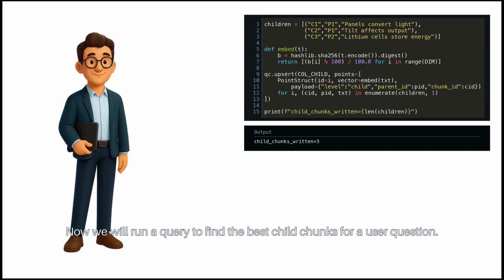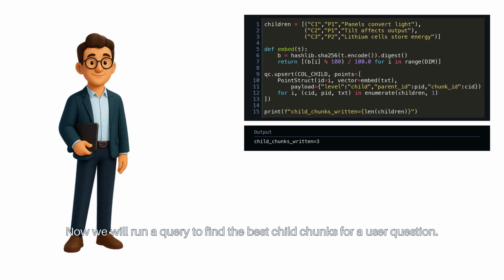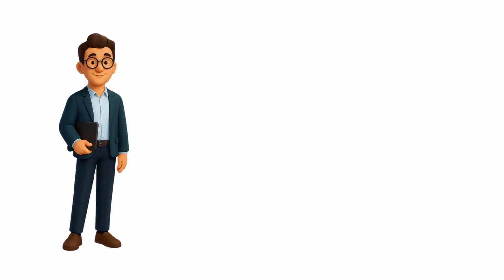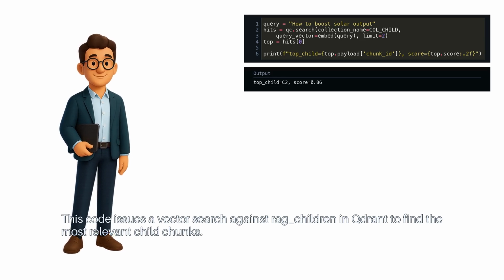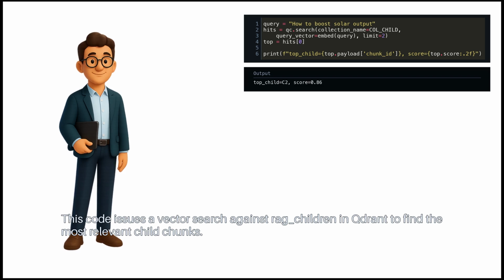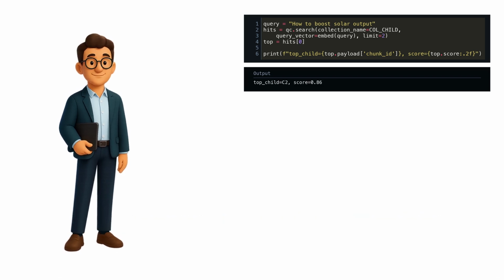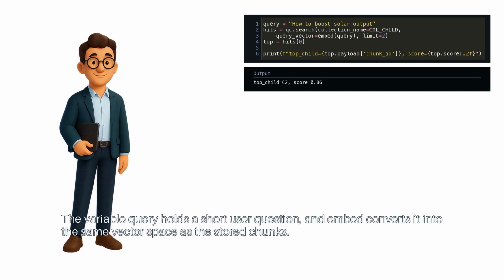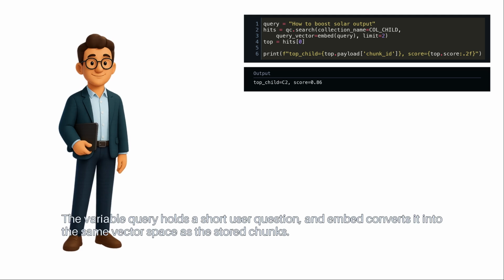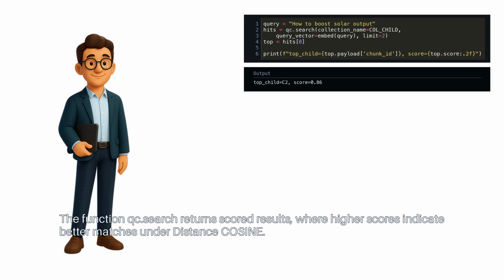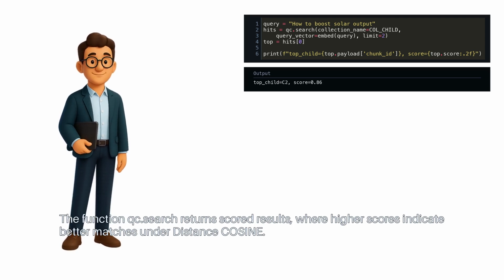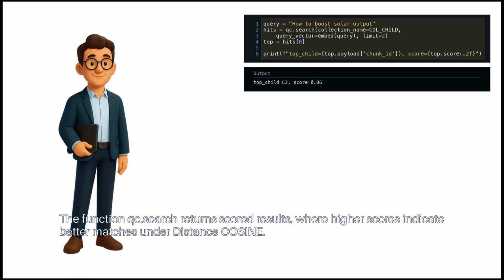Now we will run a query to find the best child chunks for a user question. This code issues a vector search against rag_children in Qdrant to find the most relevant child chunks. The variable query holds a short user question, and embed converts it into the same vector space as the stored chunks. The function qc.search returns scored results, where higher scores indicate better matches under cosine distance.